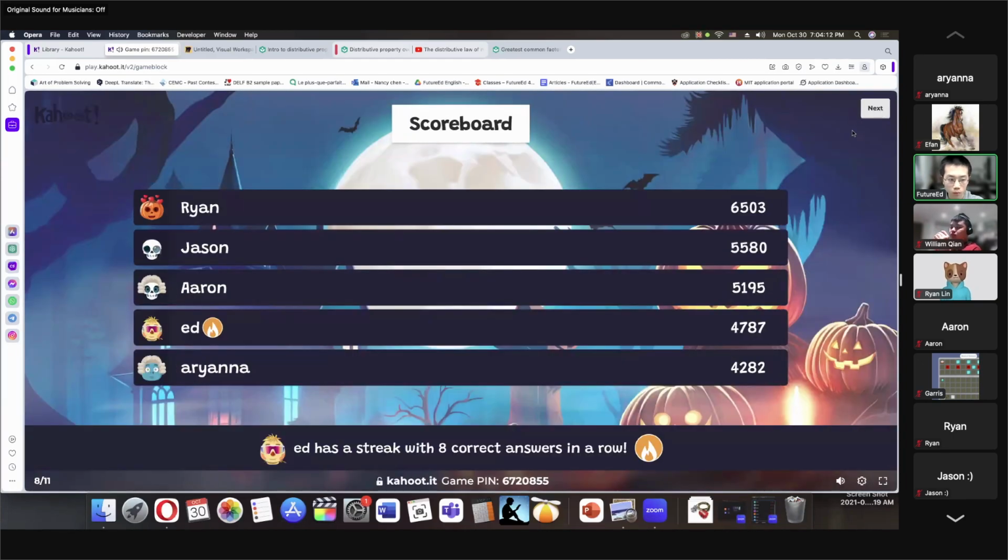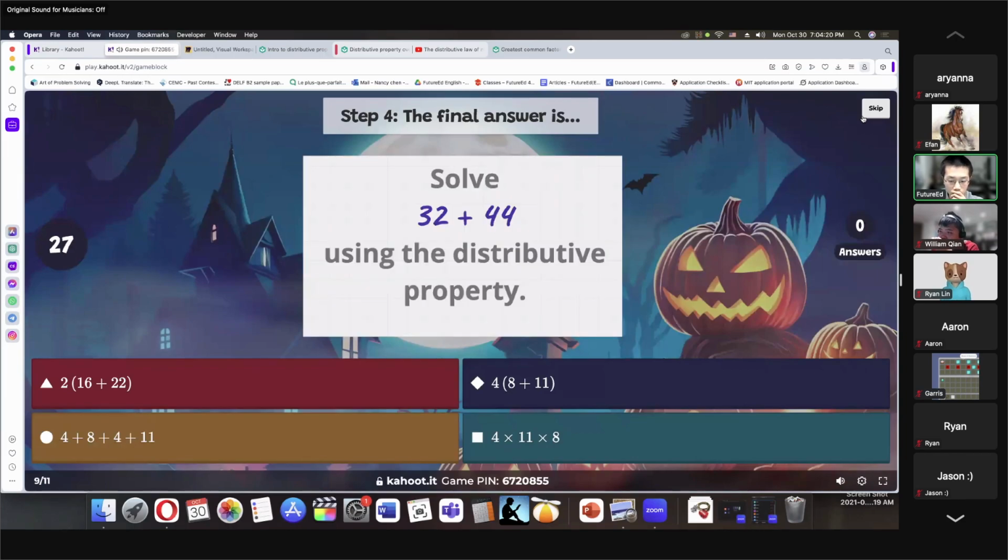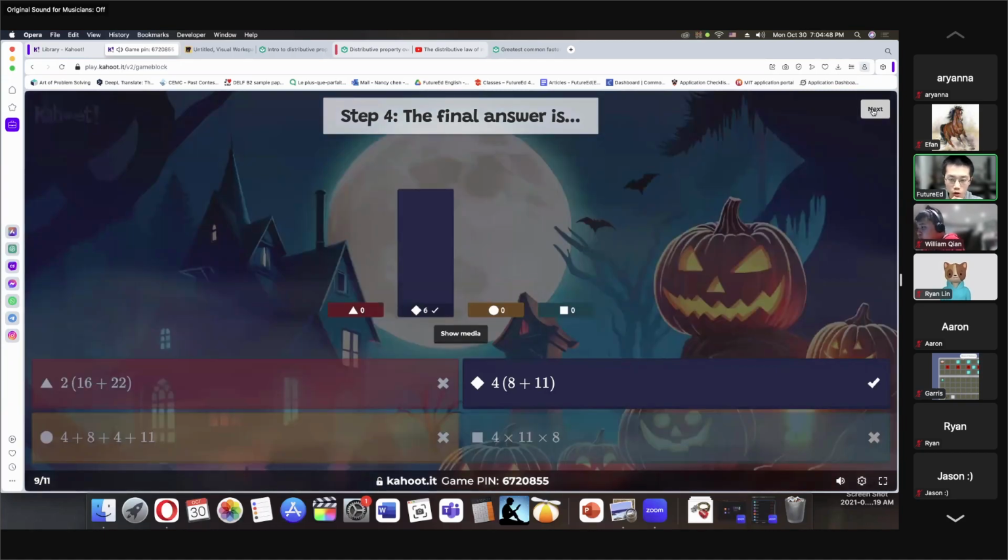Good. We're not asking you to compute the final answer here. It's asking, using the distributive property, how you write it. Skipping. Hey, good job.